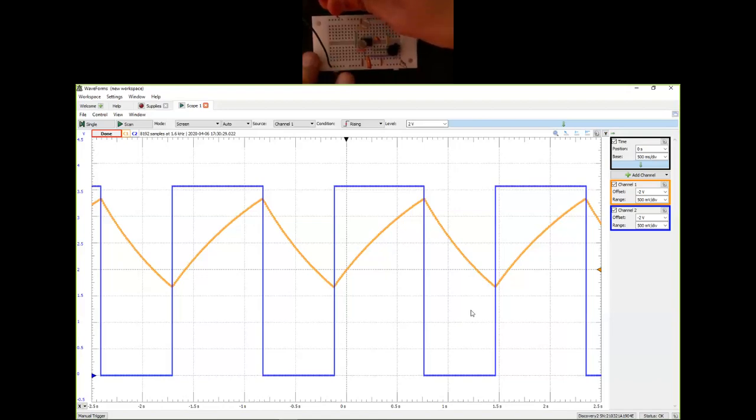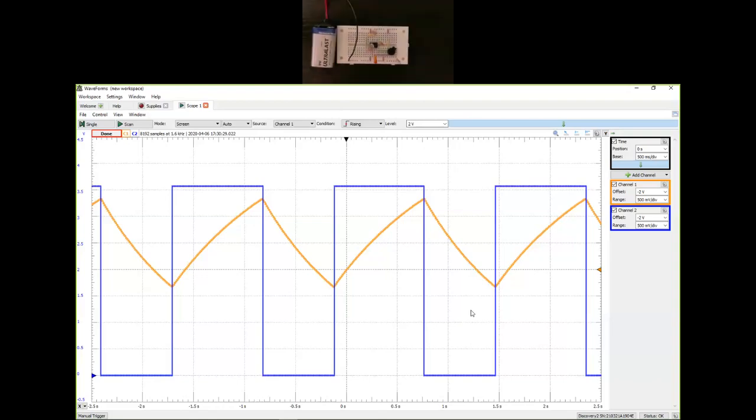All right, I hope you guys are ready. I'm using a 9-volt battery instead of using 5 volts from the analog discovery.